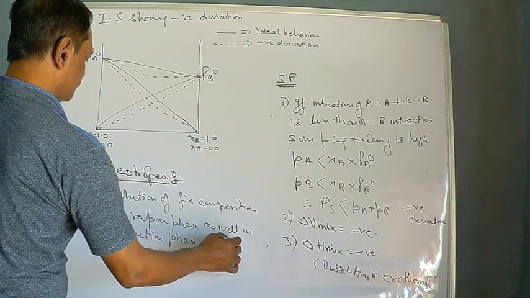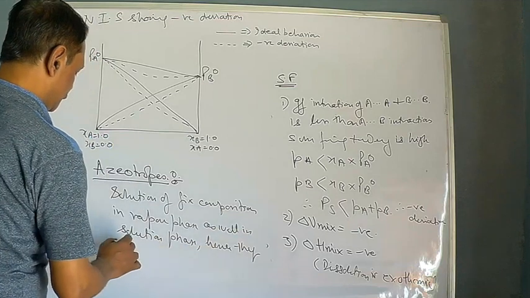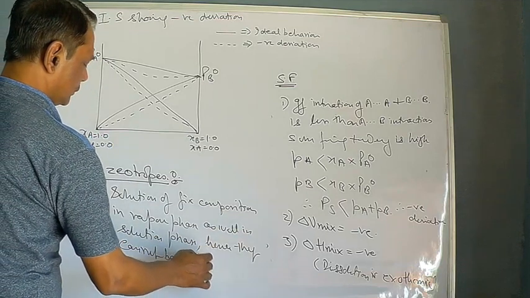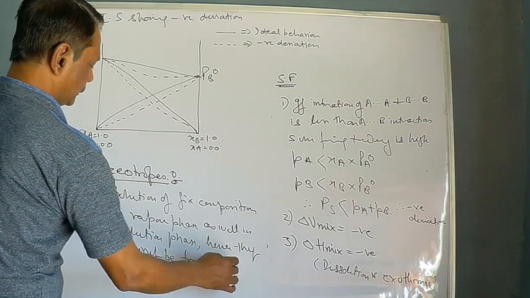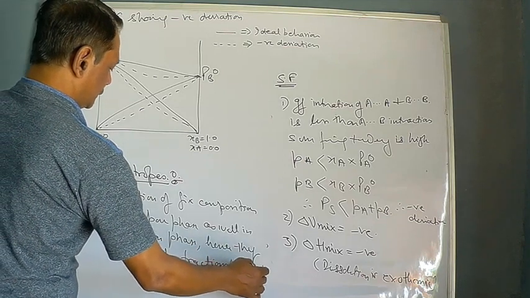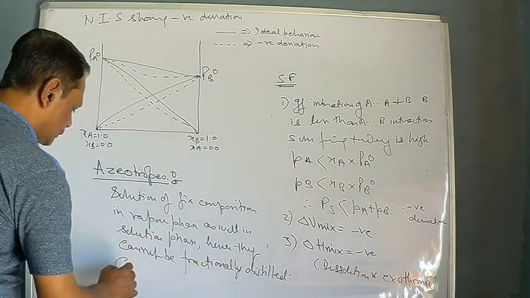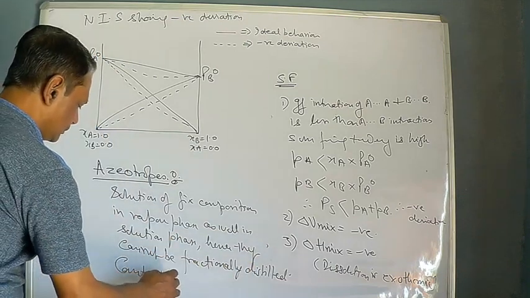Hence, they cannot be fractionally distilled. We cannot separate them. Liquid A and liquid B cannot be separated, and they are also called constant boiling mixture.